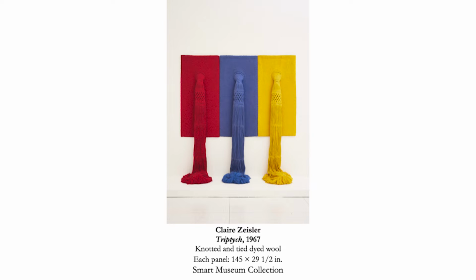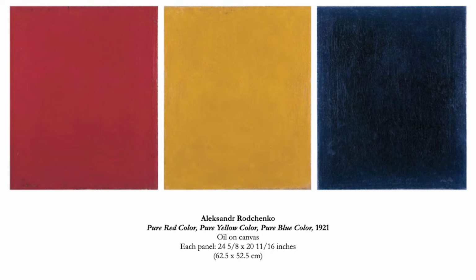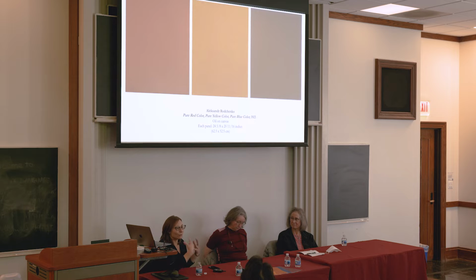And for us, these related back to another example of an early 20th century monochrome also made by a revolutionary Russian painter. So this is Rodchenko's pure red color, pure yellow color, pure blue color from 1921. And so these are, again, 3 very flat paintings that are representing just the primary colors, and for Rodchenko represented this end of representation, a purity of just these colors.